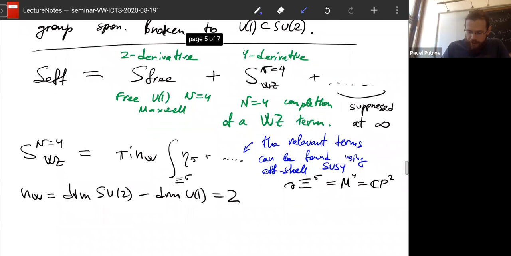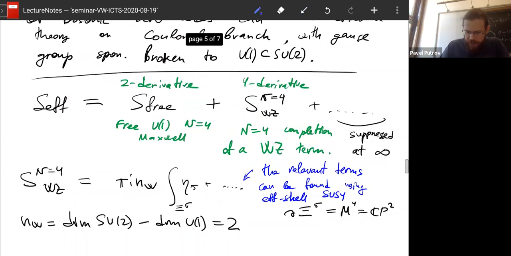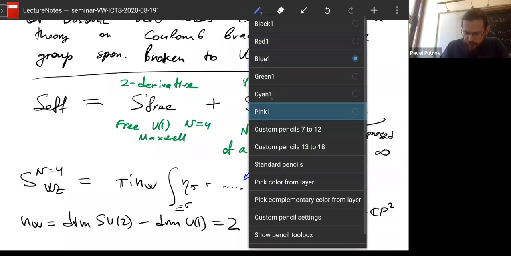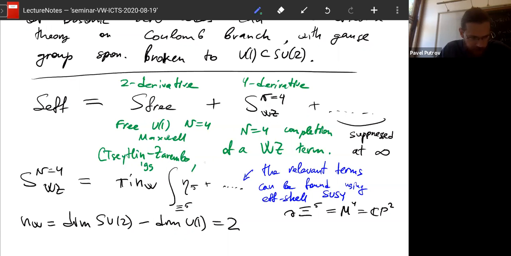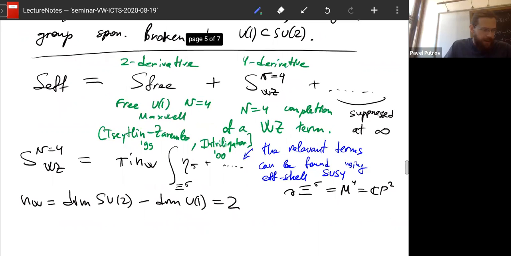And so at the start of this supersymmetrization procedure, we take this term, which was known perhaps, and which was derived in particular by Zeitlin, Zarembo in '99, and also considered by Intriligator.